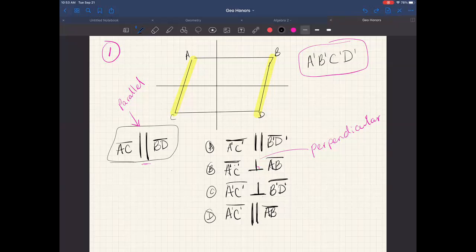So it's only one answer. So if you're stuck between two, remember it's only one answer. So try and think about it.